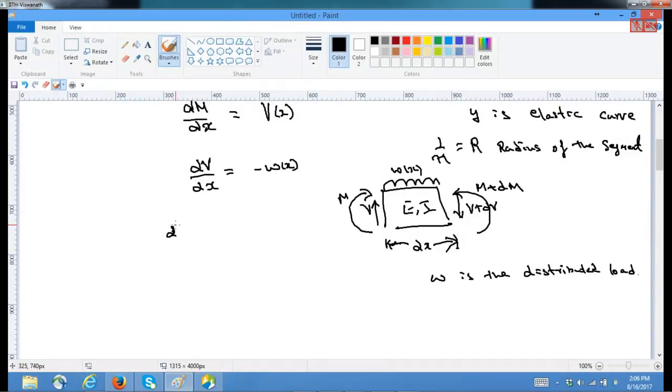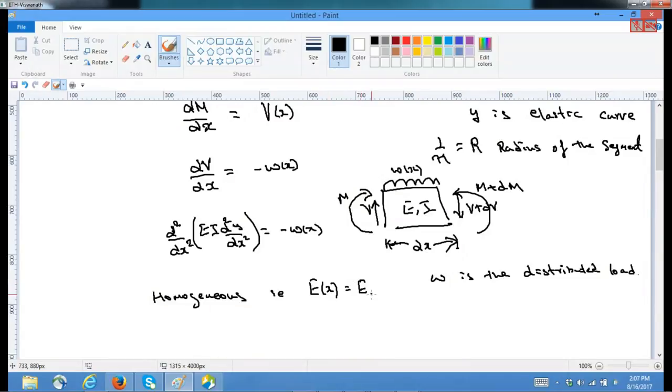d square by dx square of EI d square y by dx square is minus w, when the beam is homogeneous, that is E of x is E naught, which is a constant, and if the beam is prismatic, that is the cross section remains the same, then I of x is equal to I naught, or both are constants.